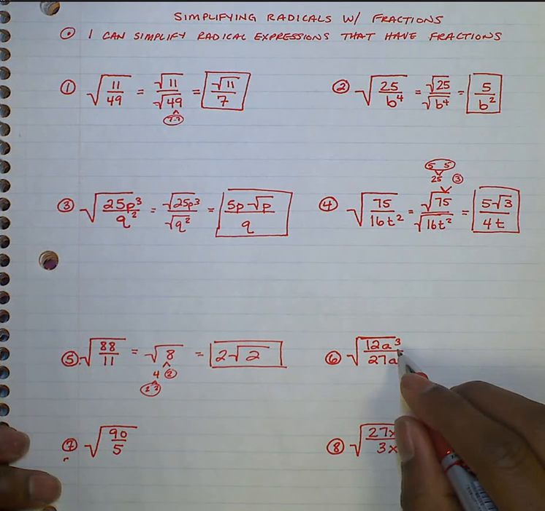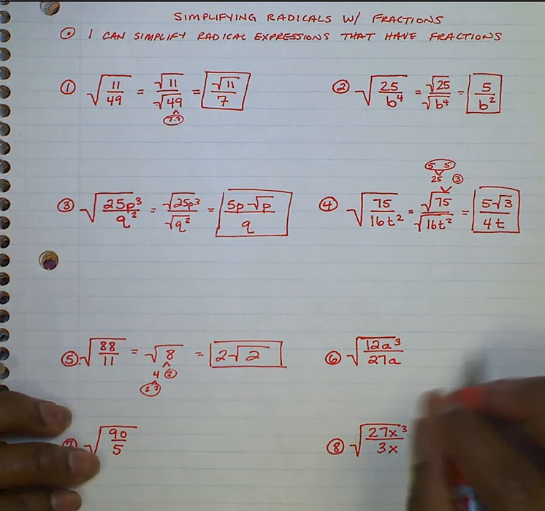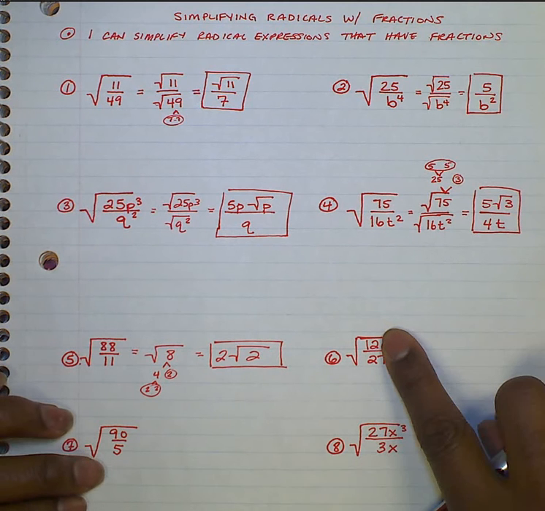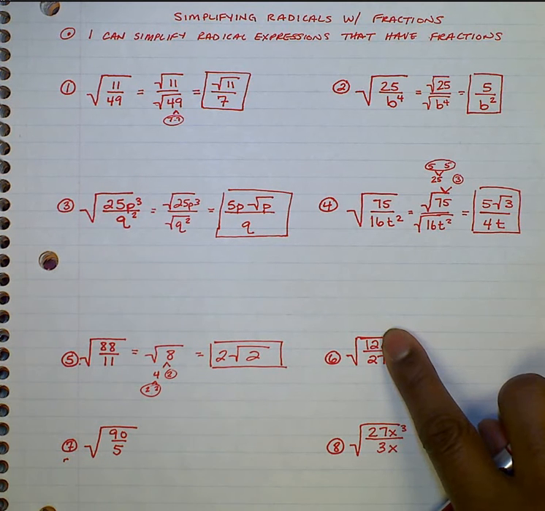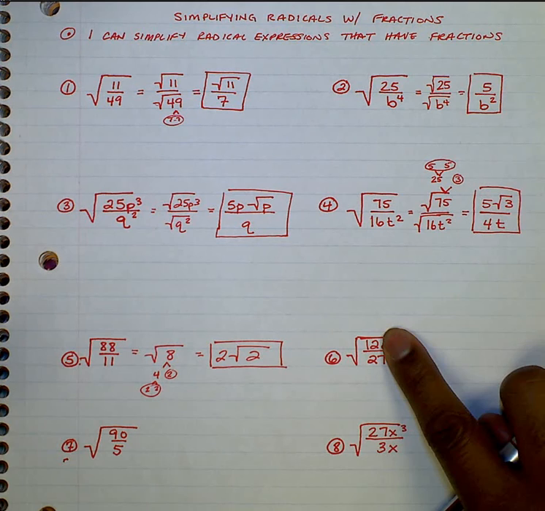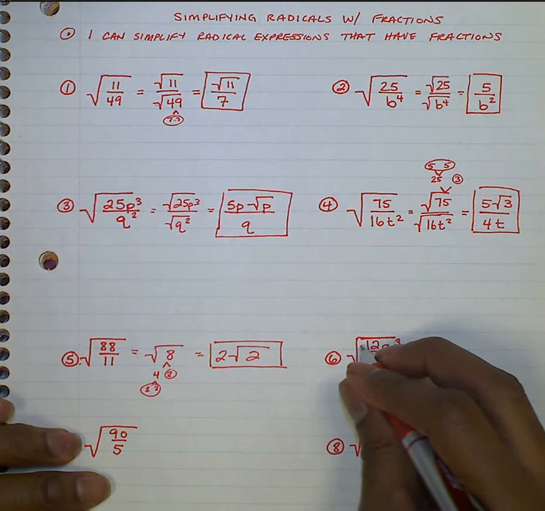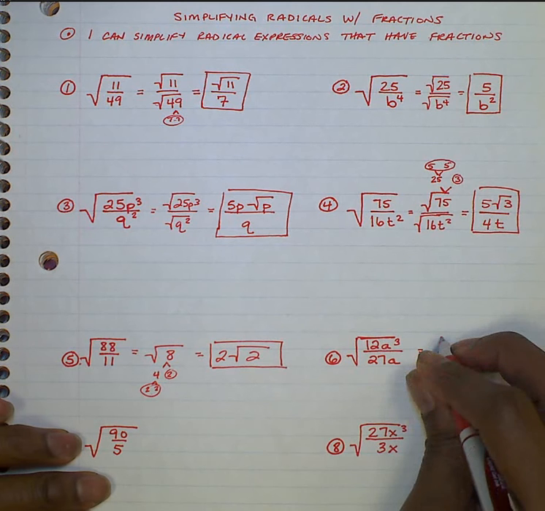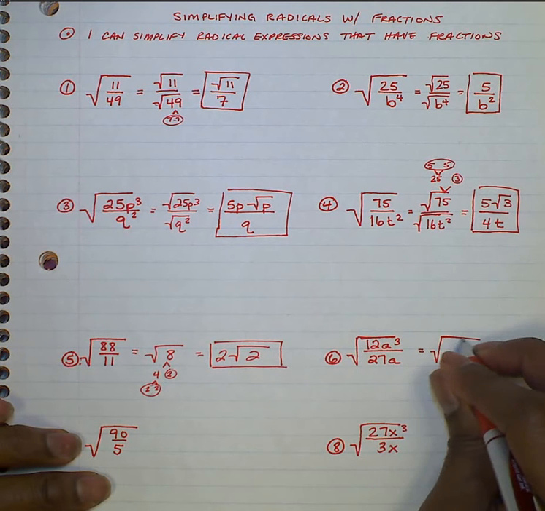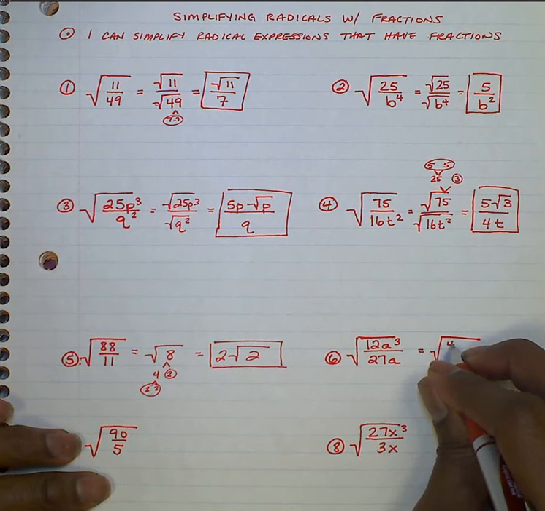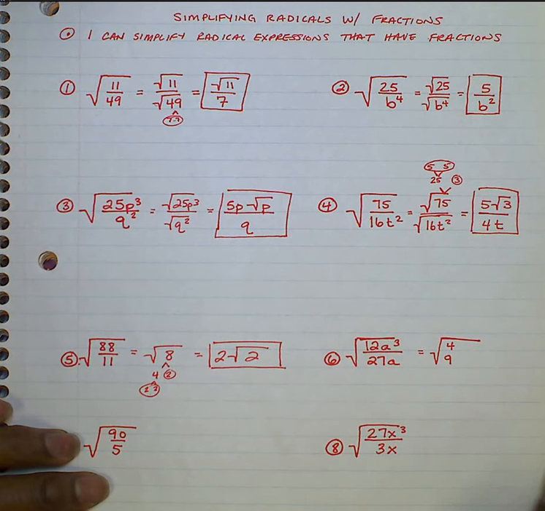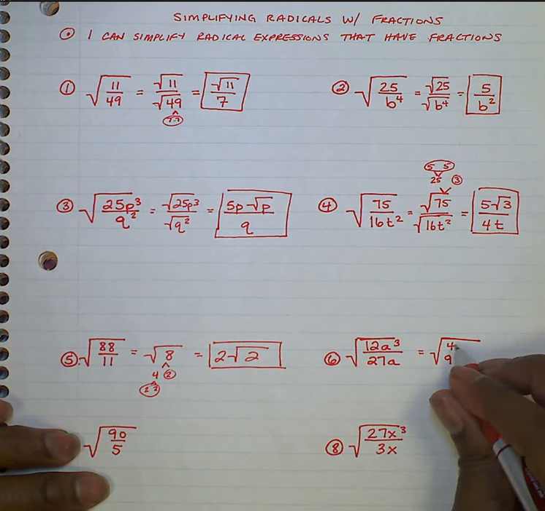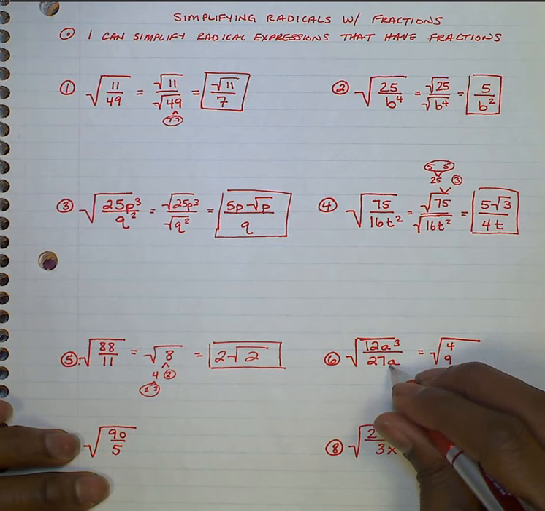For number 6, again, we're looking to see if we can simplify. 12 and 27, what goes into both of those? 3. So I'm going to factor out that 3. I have 4, 9, and then a cubed and a, that cancels out, leaves me with a squared.